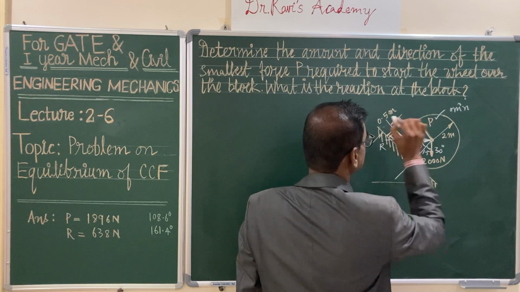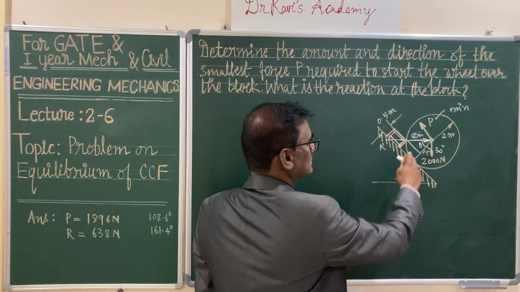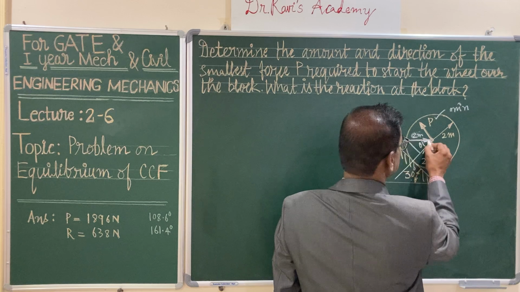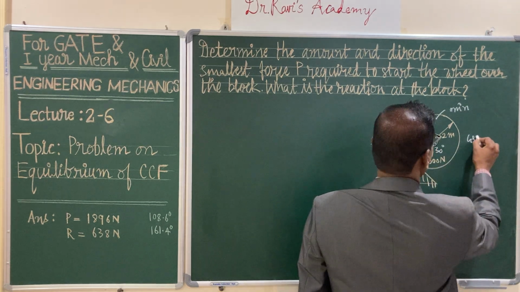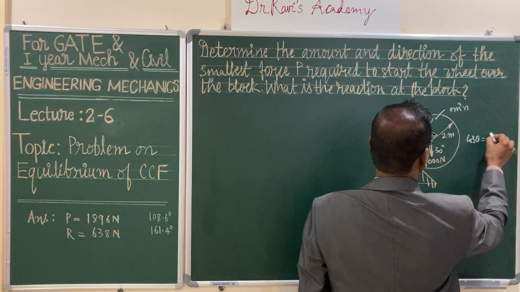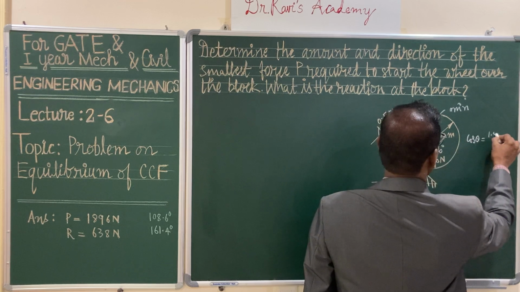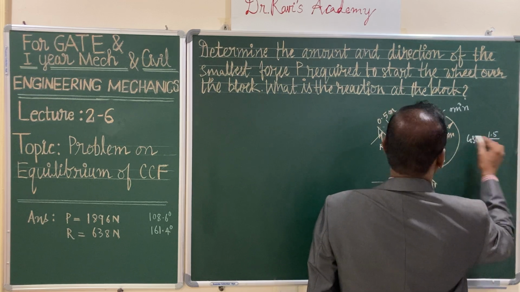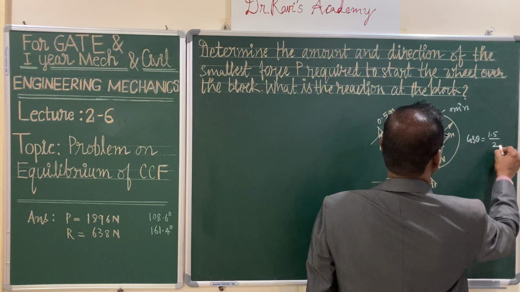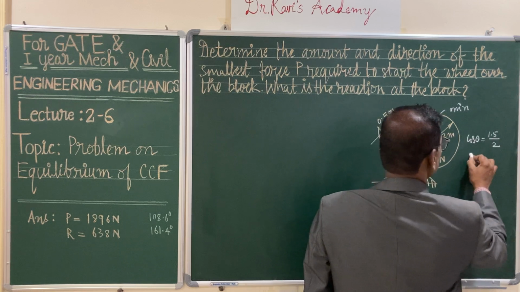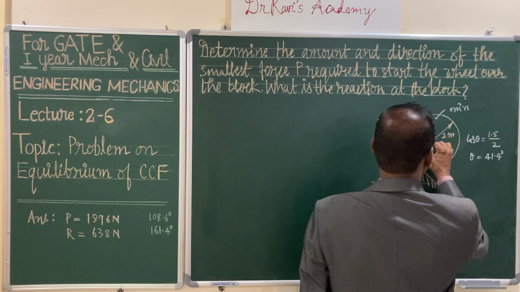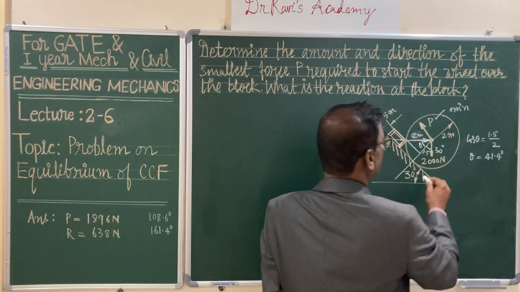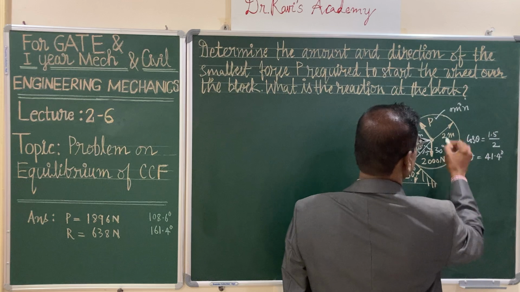Let me represent here. Now from this right triangle, this becomes the adjacent side, and you can write cos theta is equal to adjacent 1.5 divided by hypotenuse 2 meters, and this gives you theta value 41.4 degrees. So this angle is 41.4 and this angle is given 30 degrees.